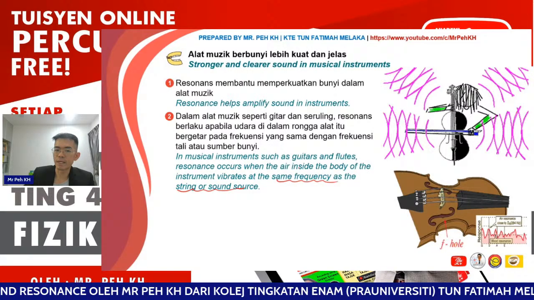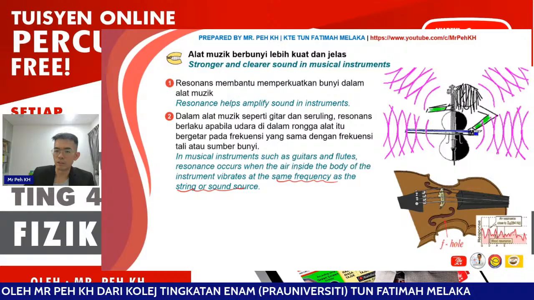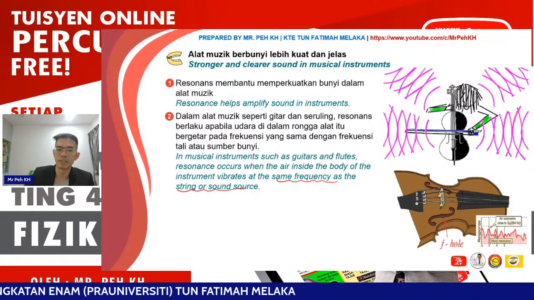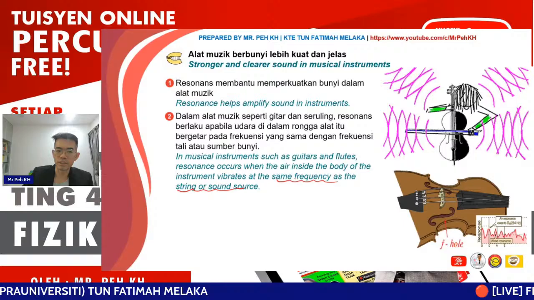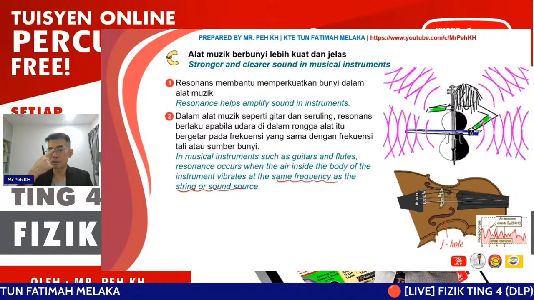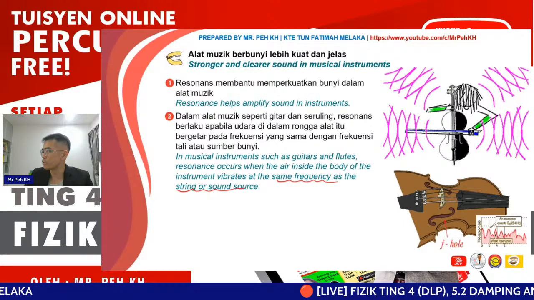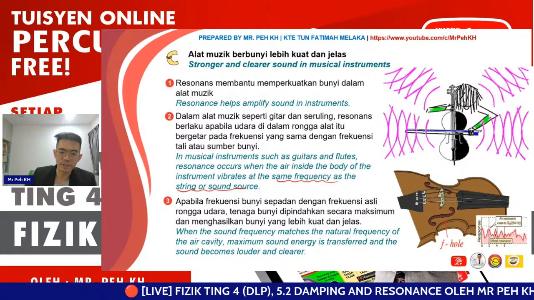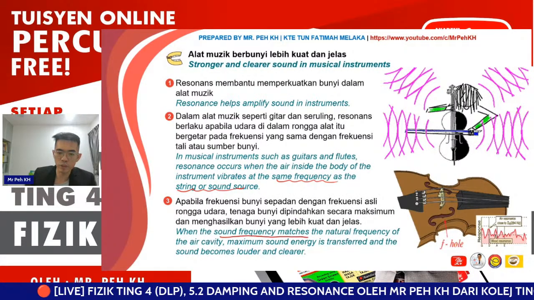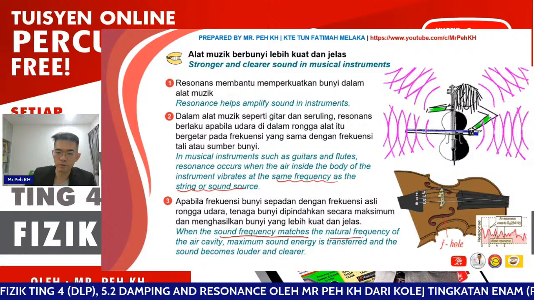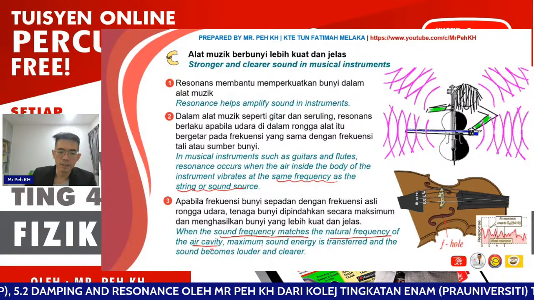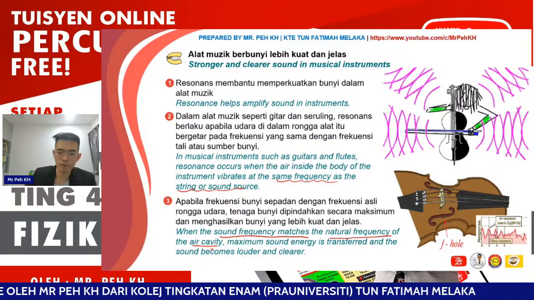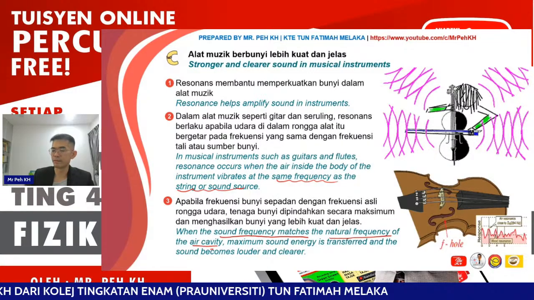That means the natural frequency of the body of the instrument is the same as the frequency produced by the sound source, so resonance will occur. When the sound frequency matches the natural frequency of the air cavity, maximum sound energy is transferred and the sound becomes louder and clearer.